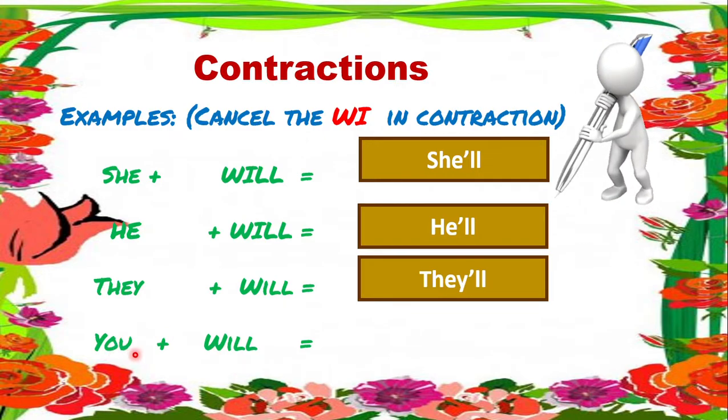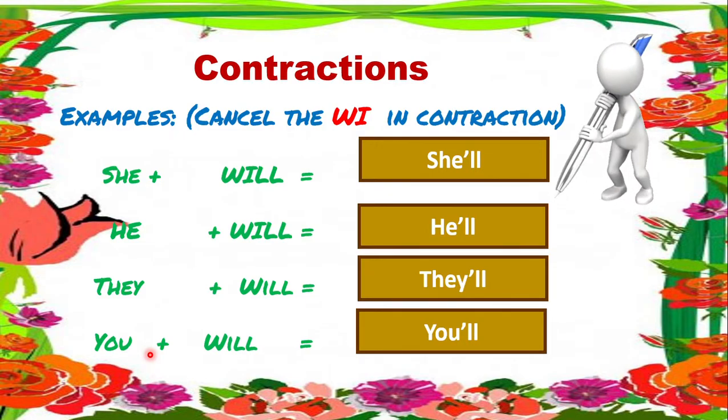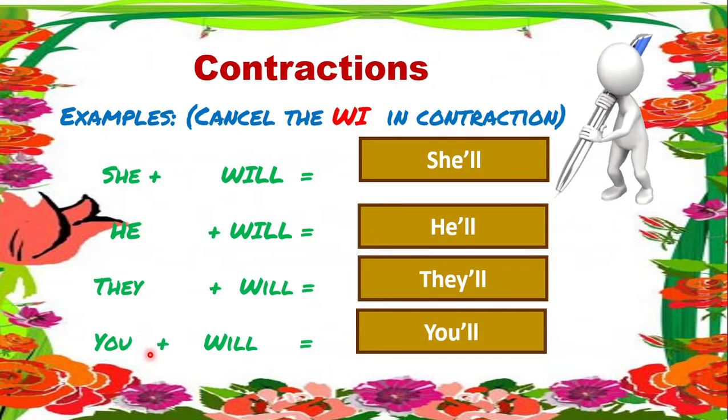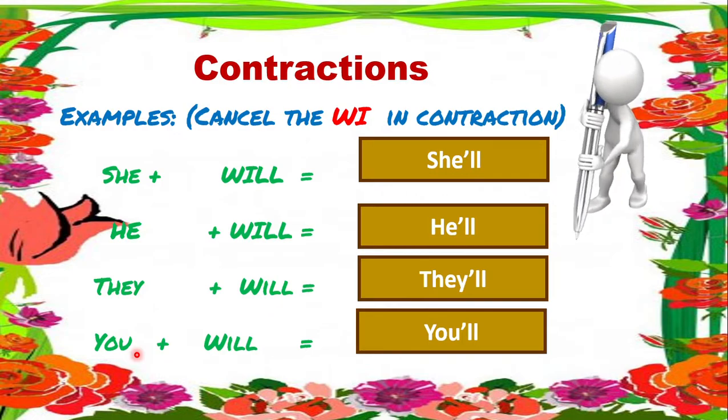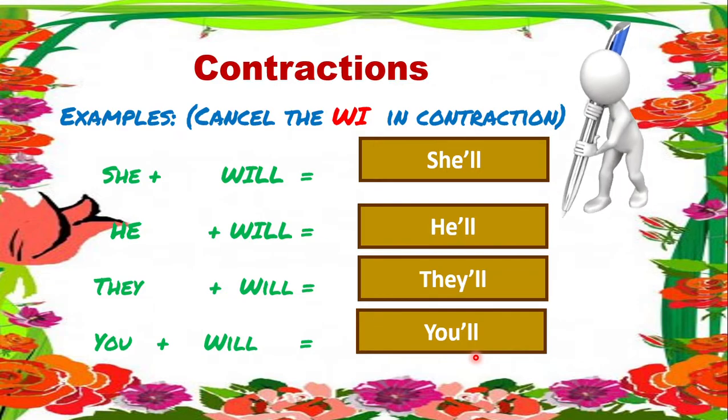It will become you'll. So again, instead of saying you will go to the bookstore, immediately you'll go to the bookstore. Okay? Instead of saying two words, you can shorten it to a contraction. You'll go to the bookstore.